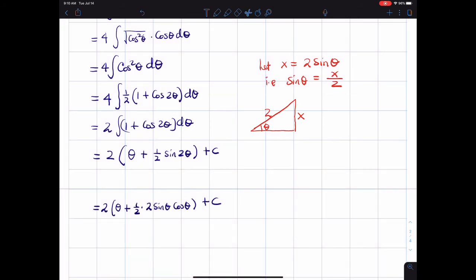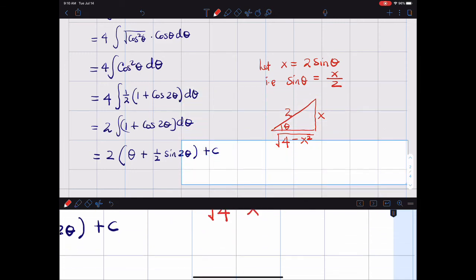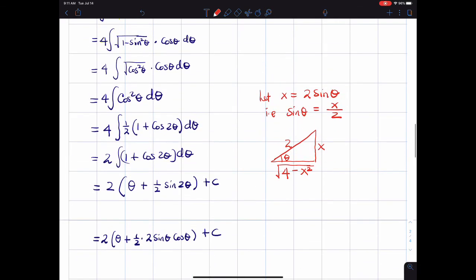So we need cosine of theta. So we need to use Pythagoras theorem, which tells us that the adjacent is going to be the square root of hypotenuse squared, 2 squared, minus opposite squared. So we have the sides of the triangle complete, and we can find any trig ratio we want now. Okay?